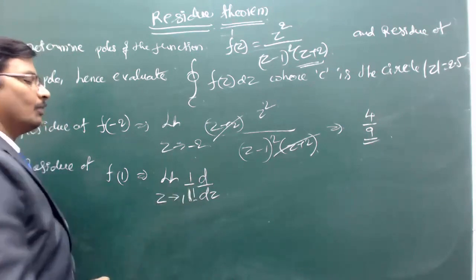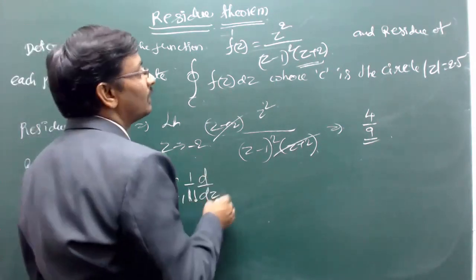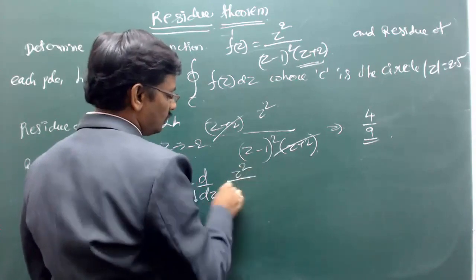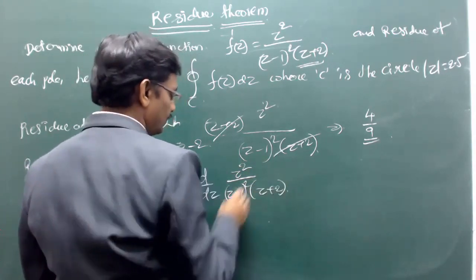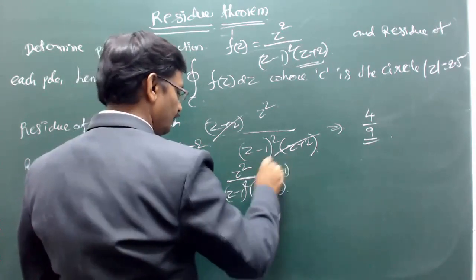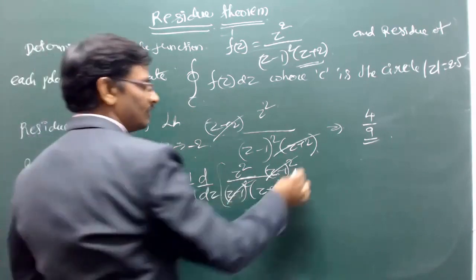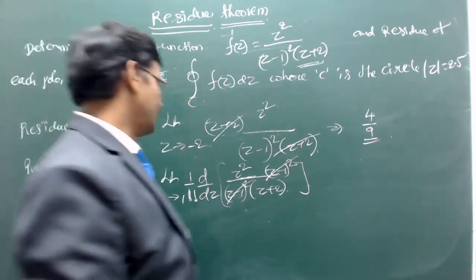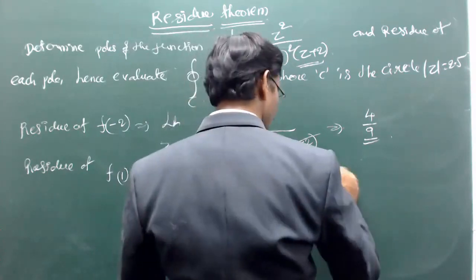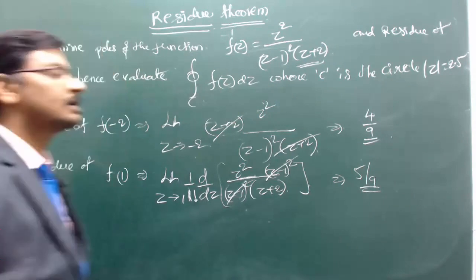So 1 by 1 factorial into d by dz of (z minus 1) whole square into z square divided by (z minus 1) whole square into (z plus 2). This z minus 1 whole square and this z minus 1 whole square will cancel out. And then take the derivative of z square by (z plus 2) and substitute z is equal to 1. You will end with 5 by 9. So these are the residues.